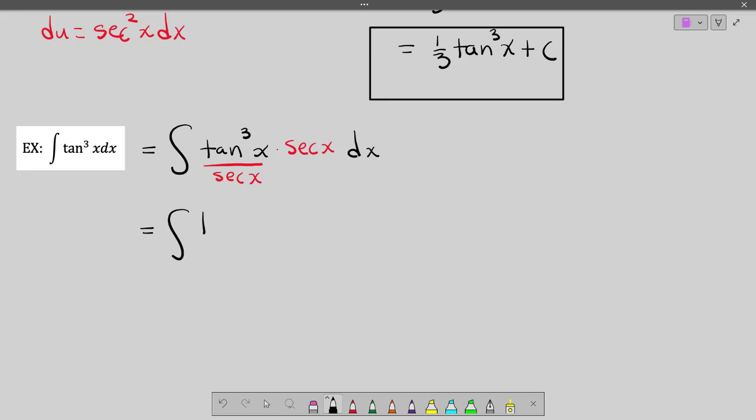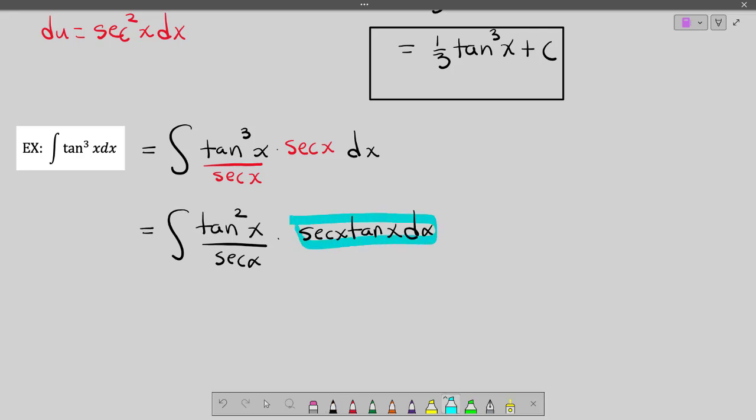Okay, so we're pulling off a secant tangent. If we pull off a secant tangent to put over here with the differential, this is going to be our blue box over here. Okay, so we're focusing on pulling off secant tangents. We know that the derivative of secant is secant tangent.